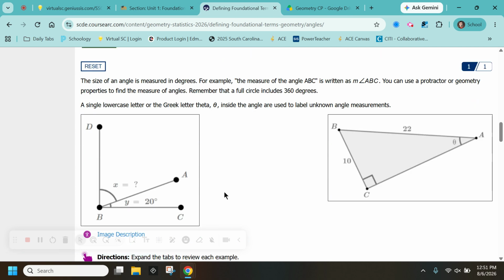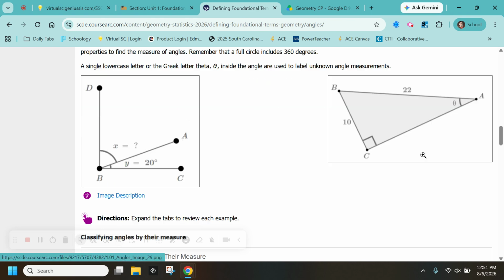The size of an angle is measured in degrees. The measure of angle ABC can be written as lowercase m and then the angle symbol ABC. We can also use theta to signify an unknown angle measure.